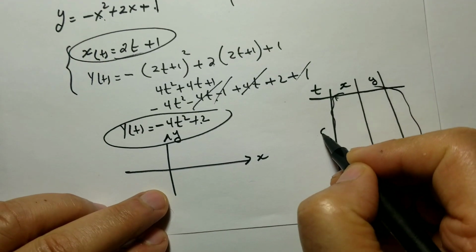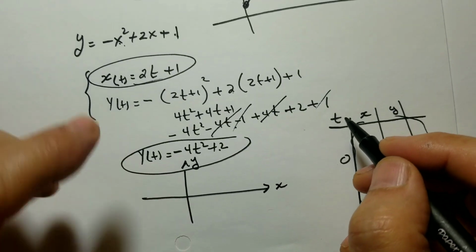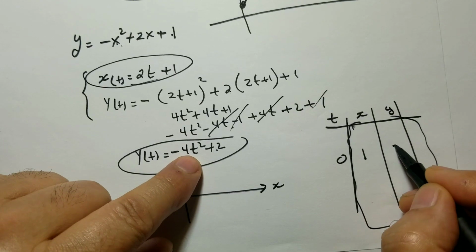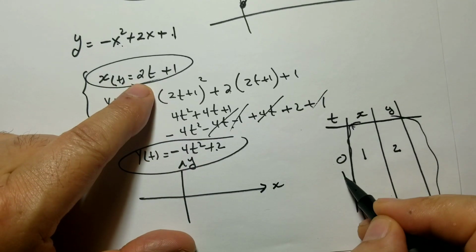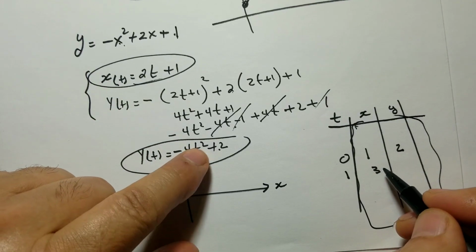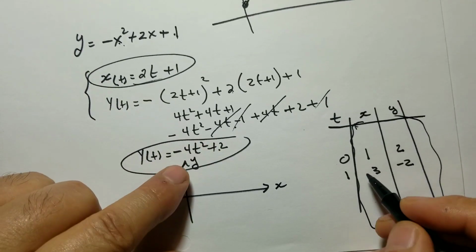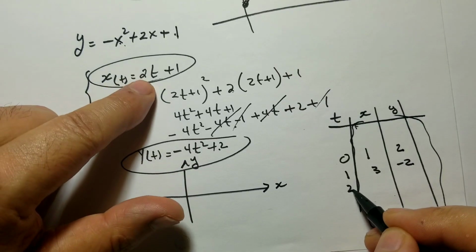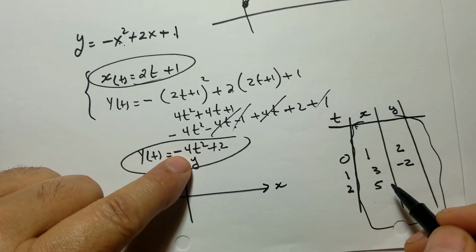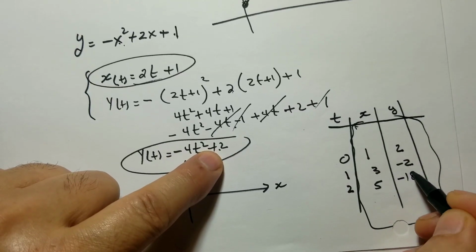When the t is 0, your x is 1, and your y is 2. When the t is 1, the x is 3, and negative 4 plus 2 is negative 2. When t is 2, that's the 5, and negative 20 becomes negative 18.